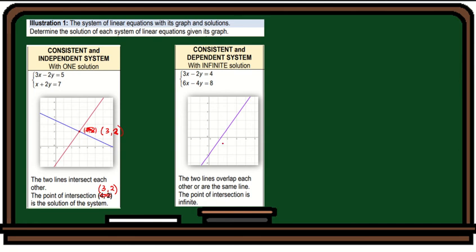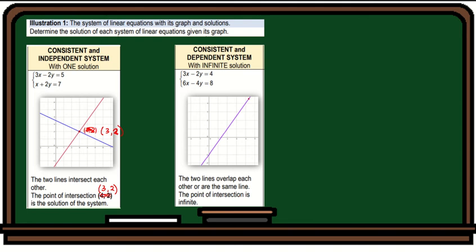As you observe, meron lang isang line dito, but this is now the line of the two equations, which are 3x minus 2y equals 4 and 6x minus 4y equals 8. So this is the line of two equations. That's why the two lines overlap, kasi kung saan nag-start yung isang point ng isang equation, doon din mag-graph ang second equation. So the points of intersection are infinite.